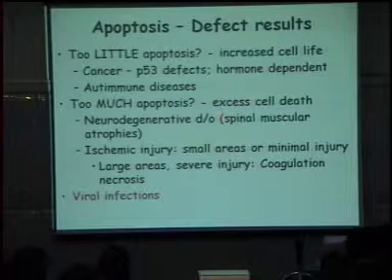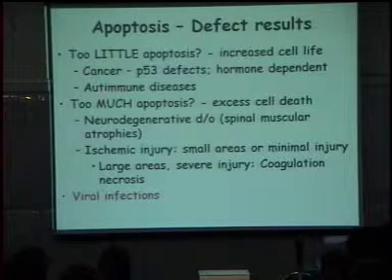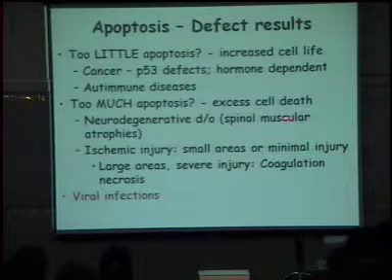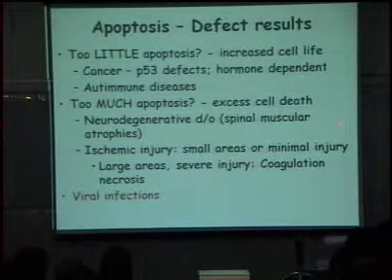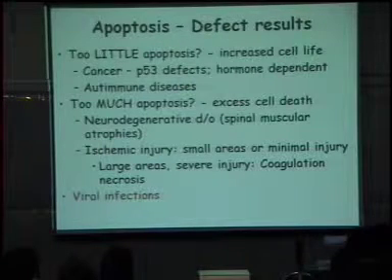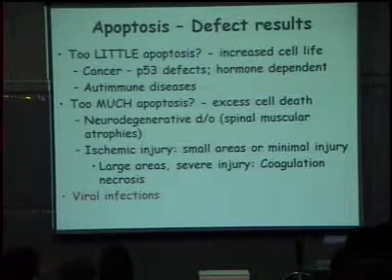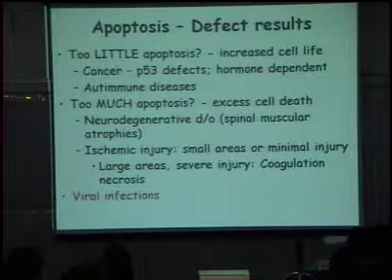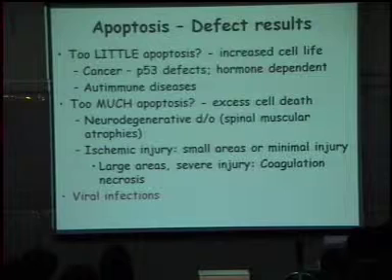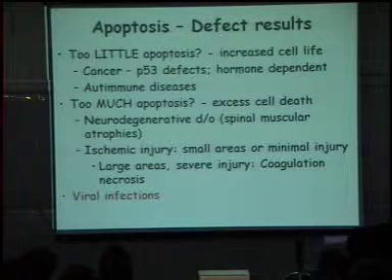Too much apoptosis, excess cell death, can be seen in specific neurodegenerative diseases. Now, this is relatively unusual. I never see spinal muscular atrophy, so it's relatively unusual. But this would be an example if somebody asked you a question on this. It wouldn't be because they really expected you to ever see spinal muscular atrophy, but because they wanted you to know something about apoptosis.